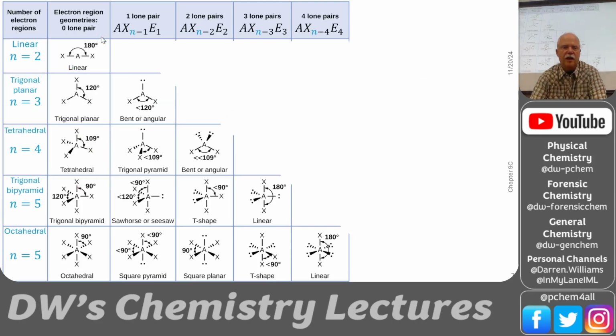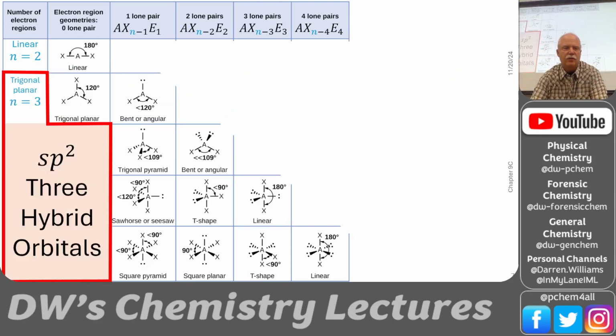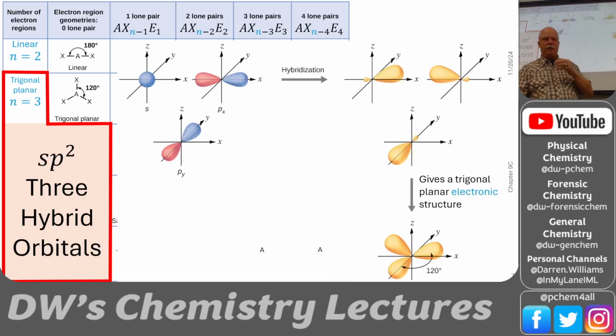And now if we have three things, we need three orbitals. And so we always start with the s orbital, the 2s or the 3s, whatever atom we're dealing with. We take that s orbital and combine it with a couple of p's to get three hybrids. So we take the s, the two p orbitals, and make three hybrids, and they're at 120 degrees from each other.